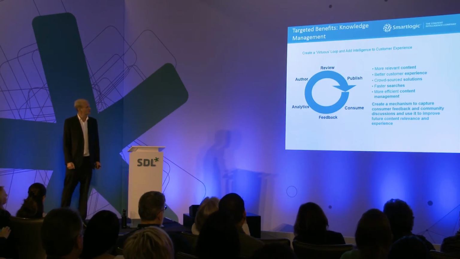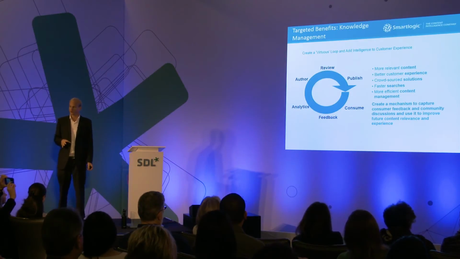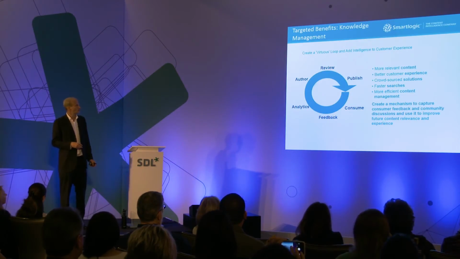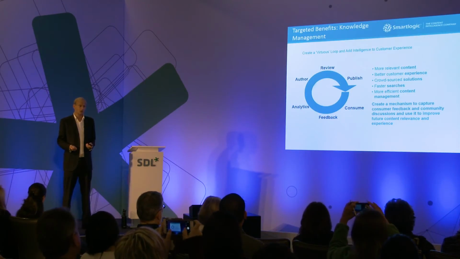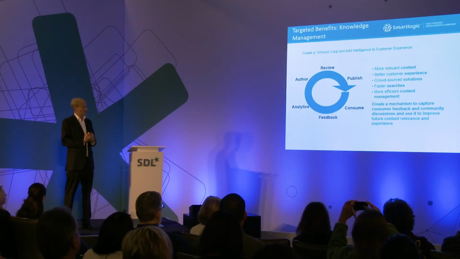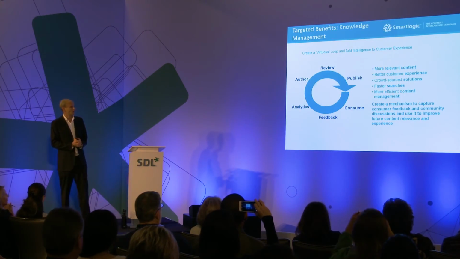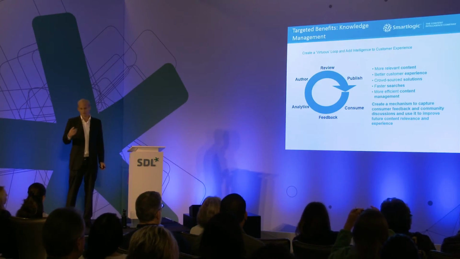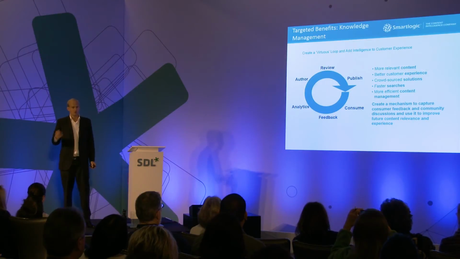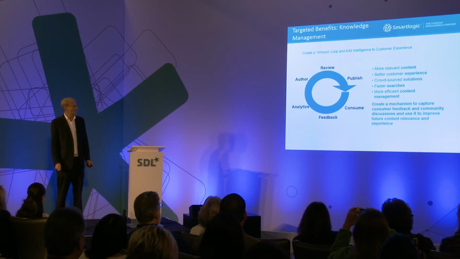So I thought I would just use this to sum up, really, that it's really helped them to generate much more relevant content and to really generate a better experience through that content, to be able to crowdsource information much better, to deliver better search, and to make the content management process much more efficient as well. And they see that as a virtuous cycle, right? They can keep doing those things and continuously getting better and better in terms of the web experience that they provide to their customers.